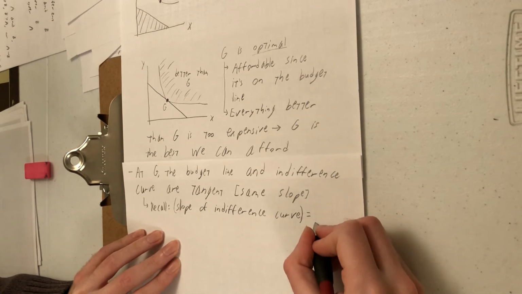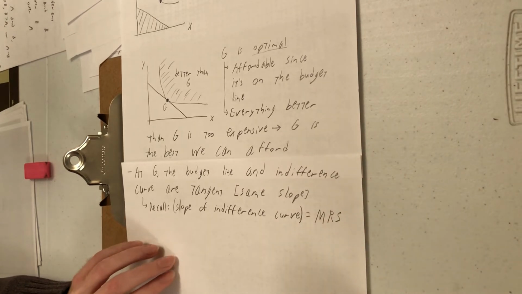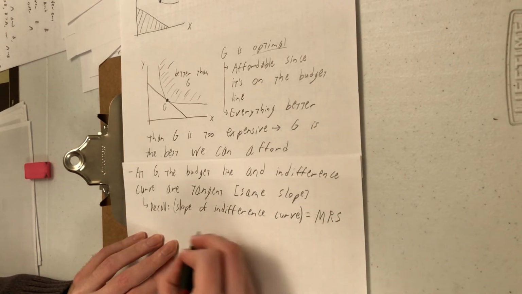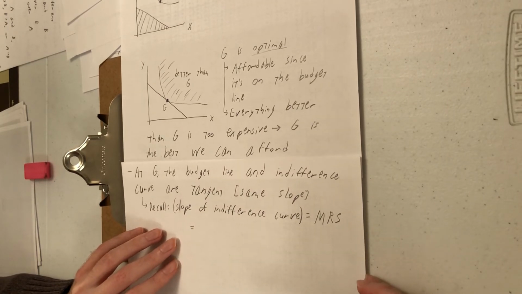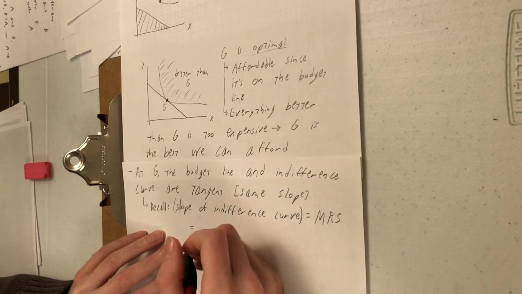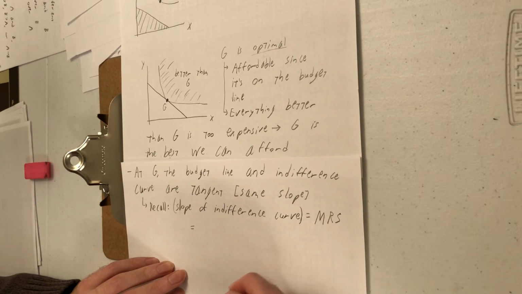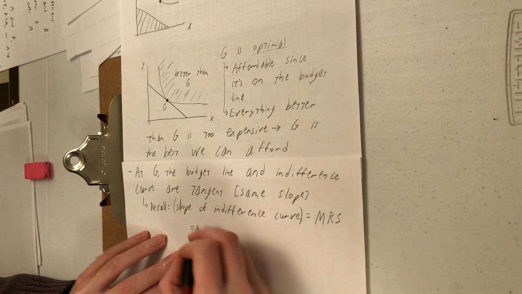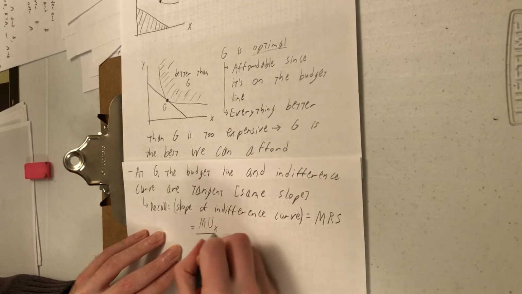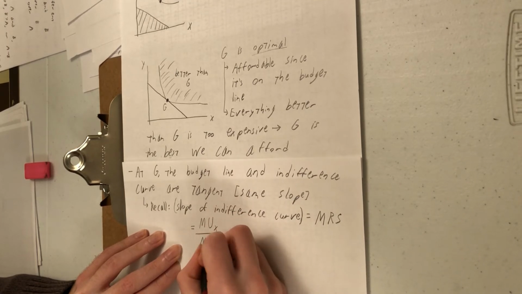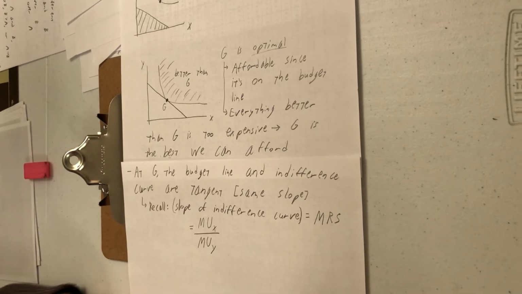It was the MRS, the marginal rate of substitution. And that also equaled, we said in an earlier part of this appendix, the marginal utility ratio. So the marginal utility you get from X divided by the marginal utility from Y.